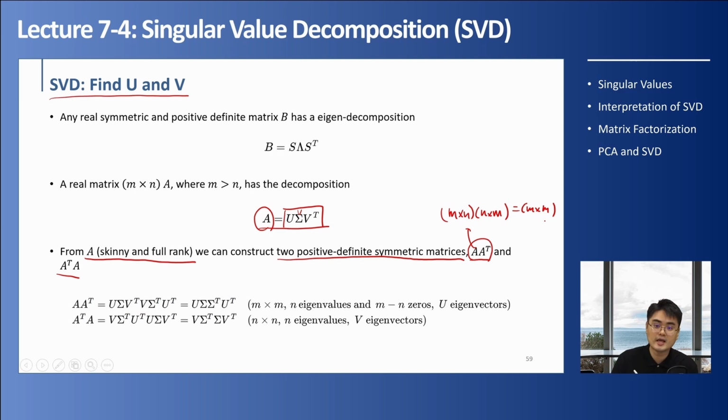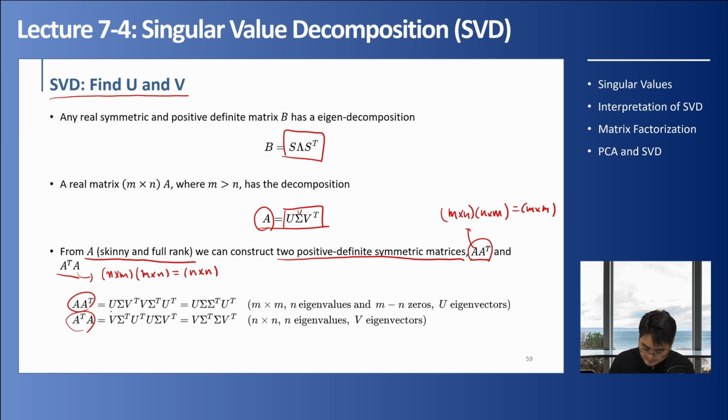And if we calculate A transpose A, you can think that we are creating a matrix that has the size of n by n. So these matrices become positive definite symmetric matrices. Therefore, it means that we can do some eigendecomposition on A A transpose and A transpose A.